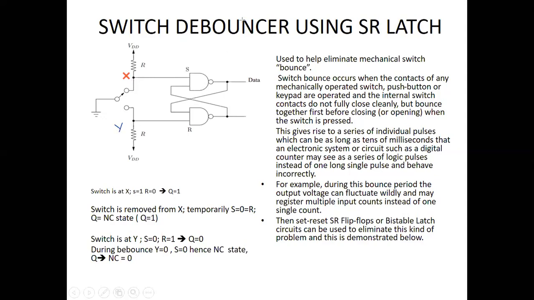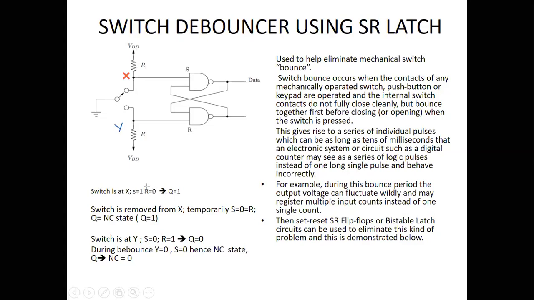So now what I'm doing, I'm assuming initially the switch is at X. So what happens when the switch is at X? When the switch is at X, S is equal to 1 and R is equal to 0, right? So initially S will be equal to 1 and R will be equal to 0.